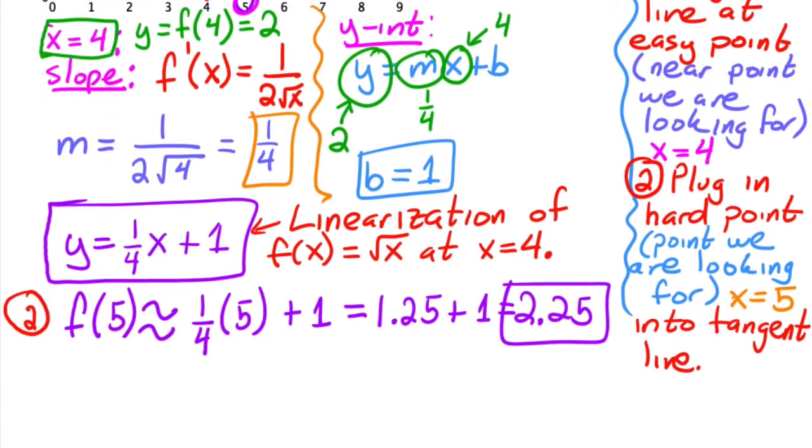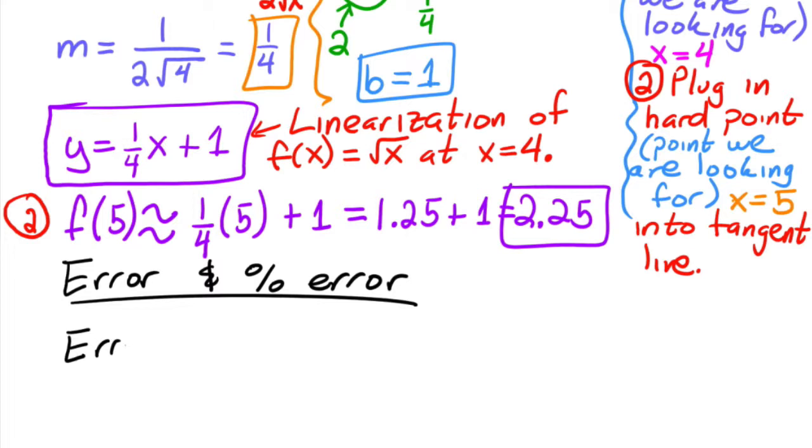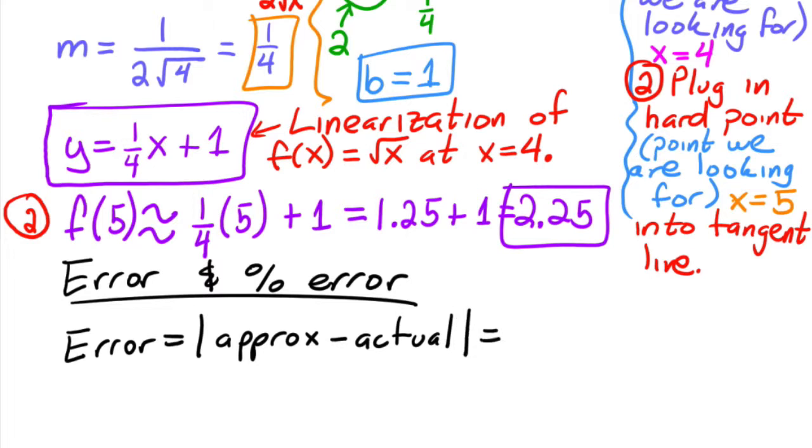Now let's talk a little bit about how far off we are. Let's find the error and the percent error. The error is simply the absolute value of the approximate minus the actual. Our approximation was 2.25, and then minus the actual.